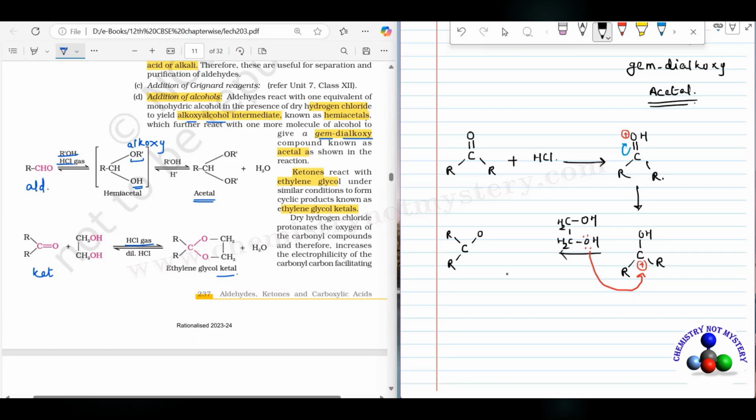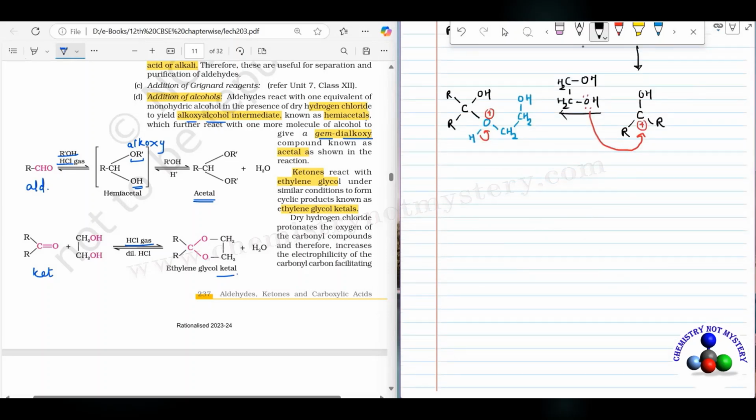And here there was OH. Now this oxygen makes a bond with the carbon. So here this is oxygen. It was bonded to hydrogen. On the other side it was bonded to CH2, and here it was OH. Now this oxygen develops positive charge. To neutralize this positive charge, this hydrogen leaves the molecule in the form of H plus ion.